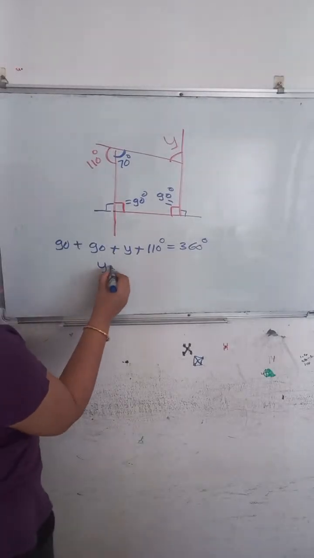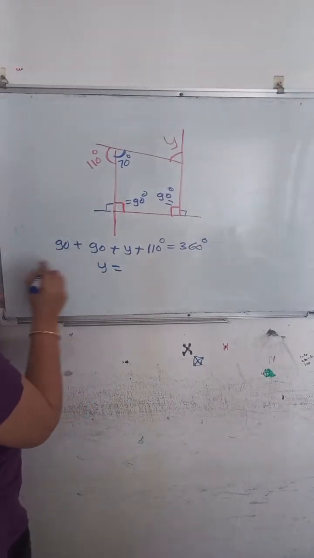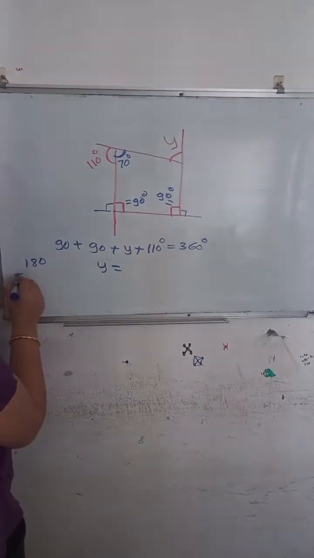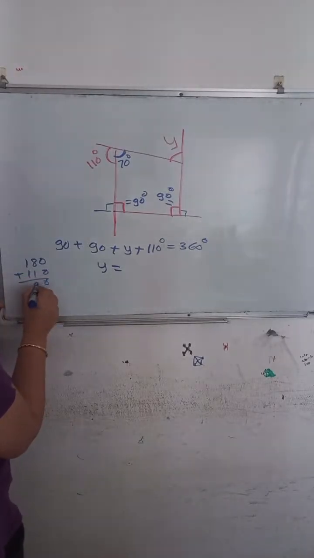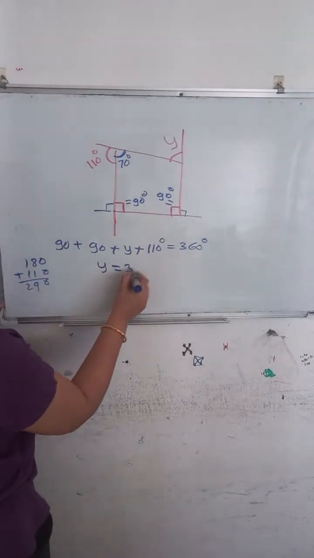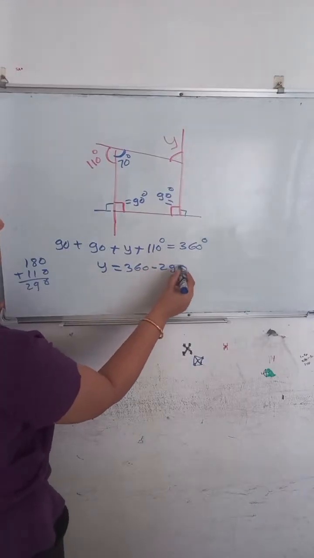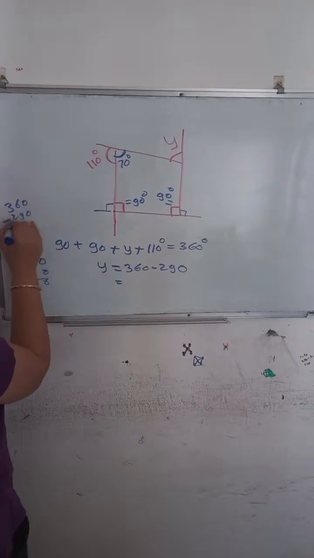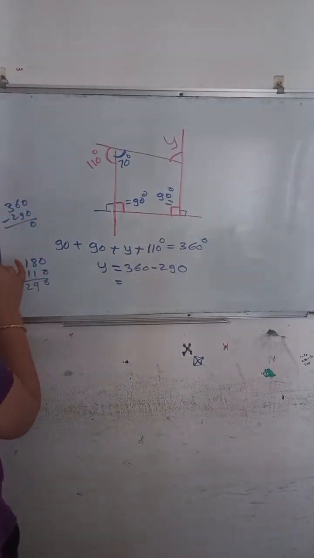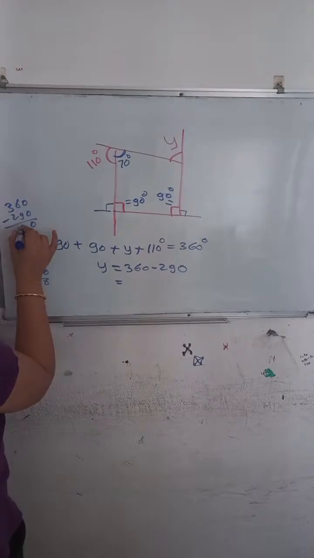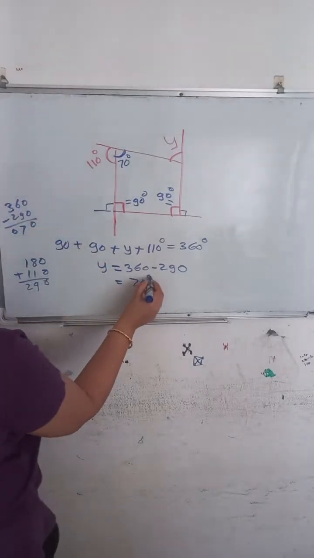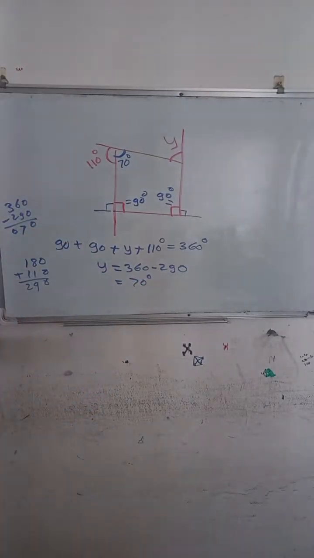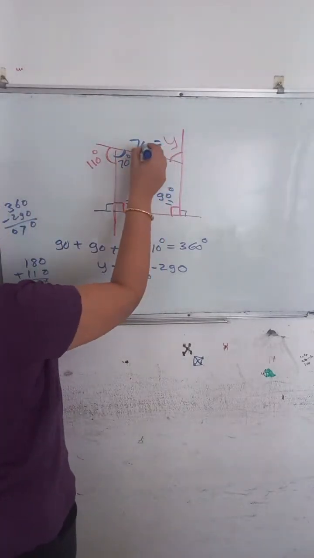So here y is equal to, 90 plus 90 is 180 plus 110, that is 290. So 360 minus 290 is nothing but 70. Okay, so y you will get 70 degrees. Understood this?